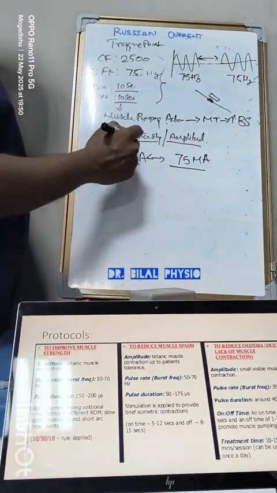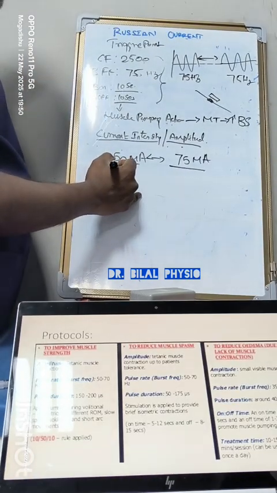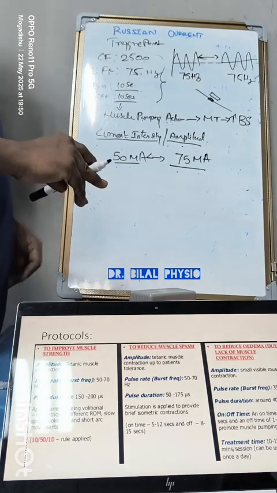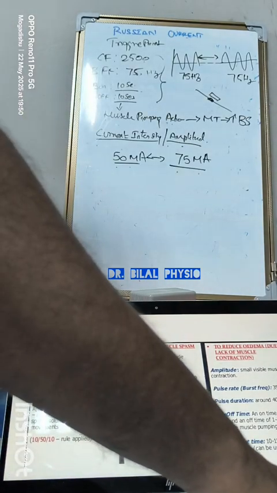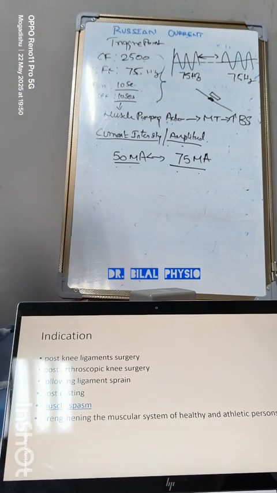The current intensity or amplitude will be the same, 50 milliamp to 75 milliamp, which is comfortable for the patient. So these are all the protocols we used for the conditions. So this is the indication as we discussed earlier.